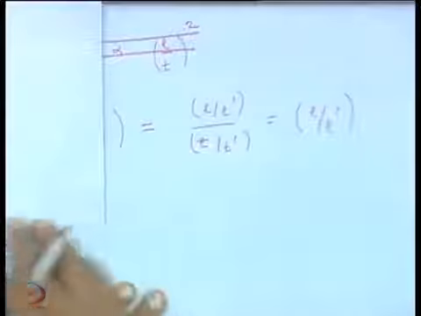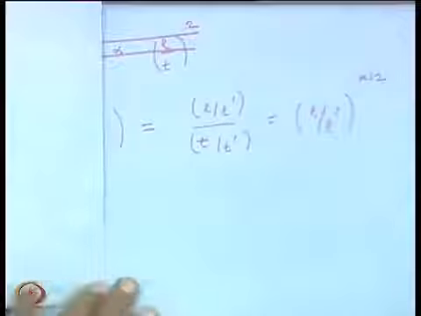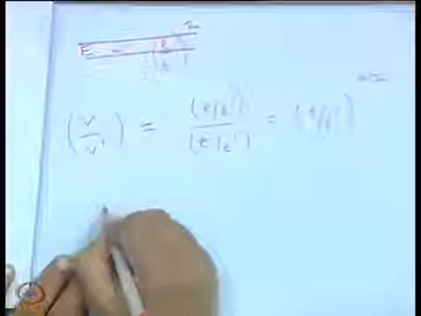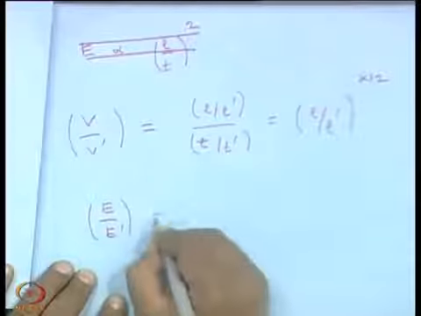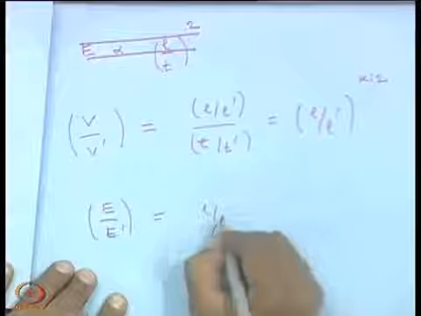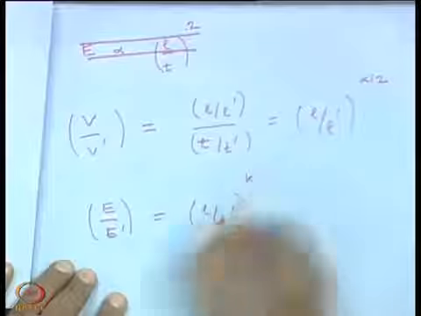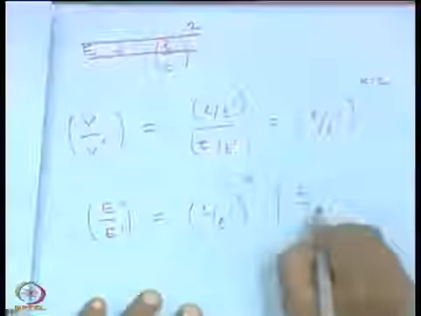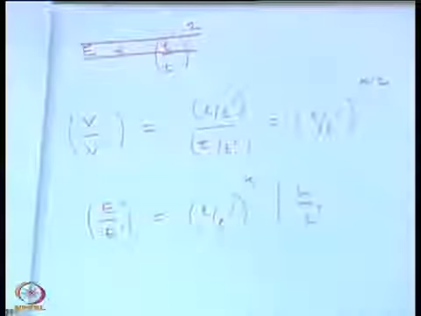T by T prime is L by L prime to the power of 1 minus k by 2. So, this is going to be to the power of k by 2, and the energy E by E prime is going to scale as L by L prime to the power of k, and one can also work out how the angular momentum L by L prime is going to change, that it is L into V basically.